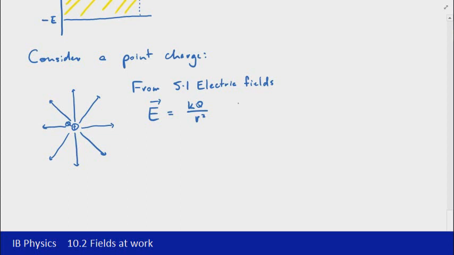You might recall as well that the value of k is equal to 1 on 4 pi epsilon naught. I'm not going to go back over that here, but just as a quick reminder.